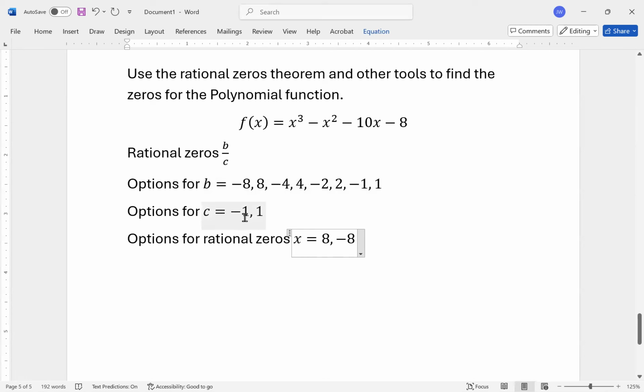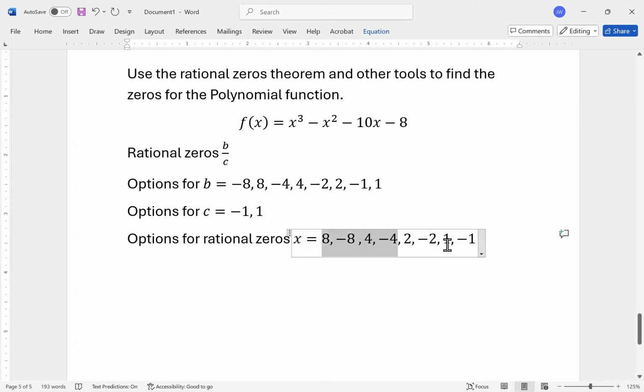Notice that dividing by a -1, dividing by +1, I can actually just divide everything by a +1 because I've already included the negative and positive options for B. So in this case, 8, -8, 4, -4, 2, -2, 1, and -1 are my options.